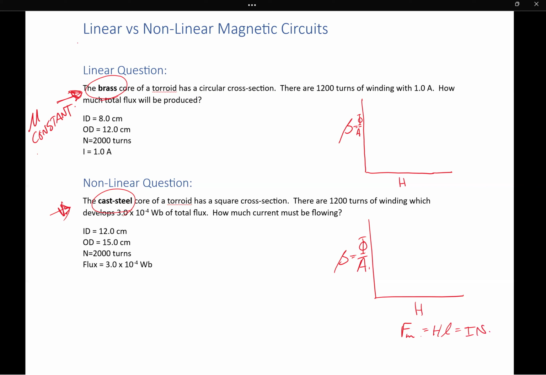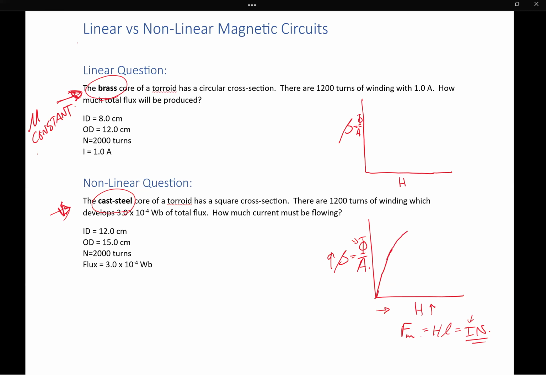As you increase that, you get more and more magnetized, which means more and more flux going through your circuit. So in something like cast steel, a ferromagnetic material, we get more and more magnetized as we turn up the current in our coils.